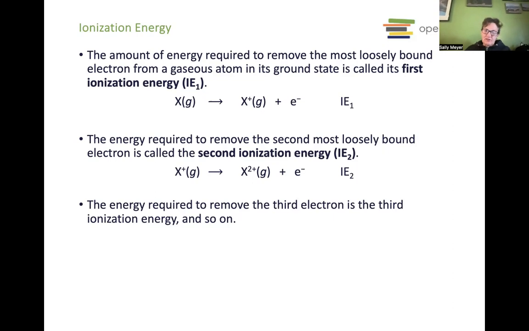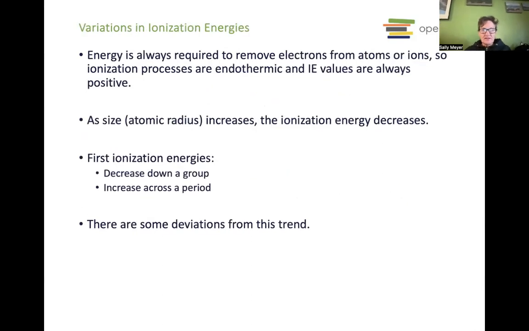So the energy required to remove the third electron is the third ionization energy, and you could go on and on. So energy is always required to remove electrons from atoms and ions. So ionization processes are endothermic, and ionization energies are always positive. When you think about something like sodium, sodium exists almost 100% as Na+, as a +1 cation, but that doesn't mean its electrons just fall off.